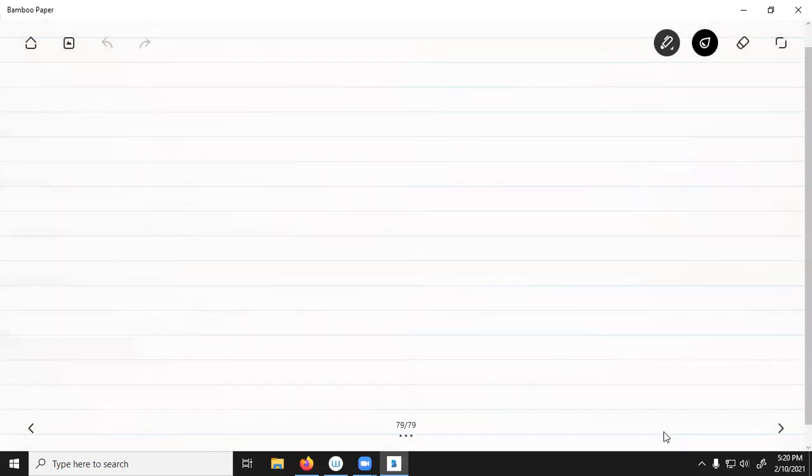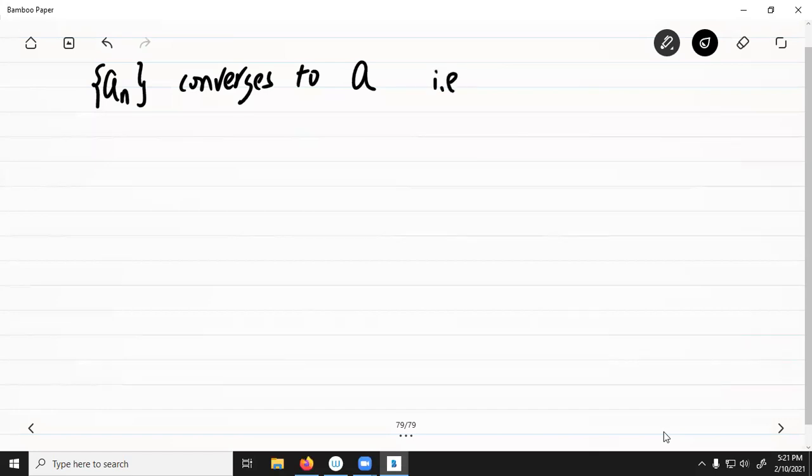In calculus, we often say we have a sequence, and this sequence converges to a number A, right? In calculus 2, we know that means the limit of a_n equals A, in other words, the limit as n approaches infinity of a_n equals A. What does this mean?